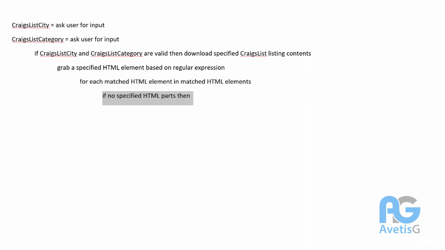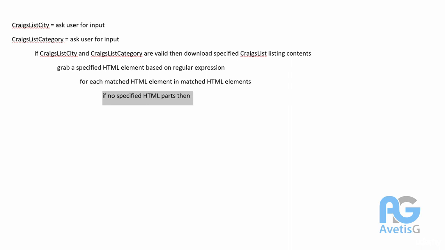And for each element that we have matched, we're going to then say, okay, are there any specific things that we want to now grab from this HTML element? So if there are no parts specified, and by this I mean if we want to just grab the listings with all the information and we don't want to go even more granular, then this is what it's saying.